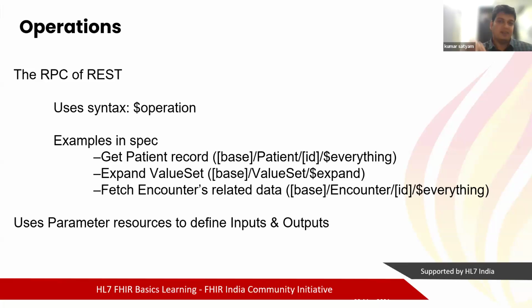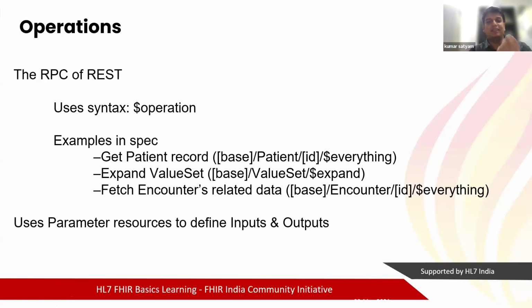For example, given a patient with ID 1234, I want to get all the resources that are related to this particular patient, right? You want to do that kind of an operation. So if you do $everything, then you will get a FHIR bundle with all the resources that are related to this particular patient.